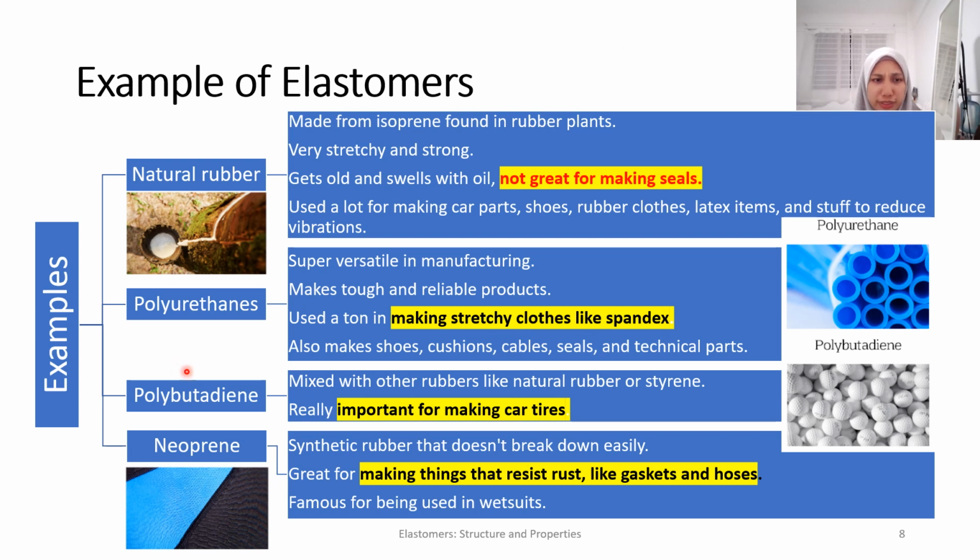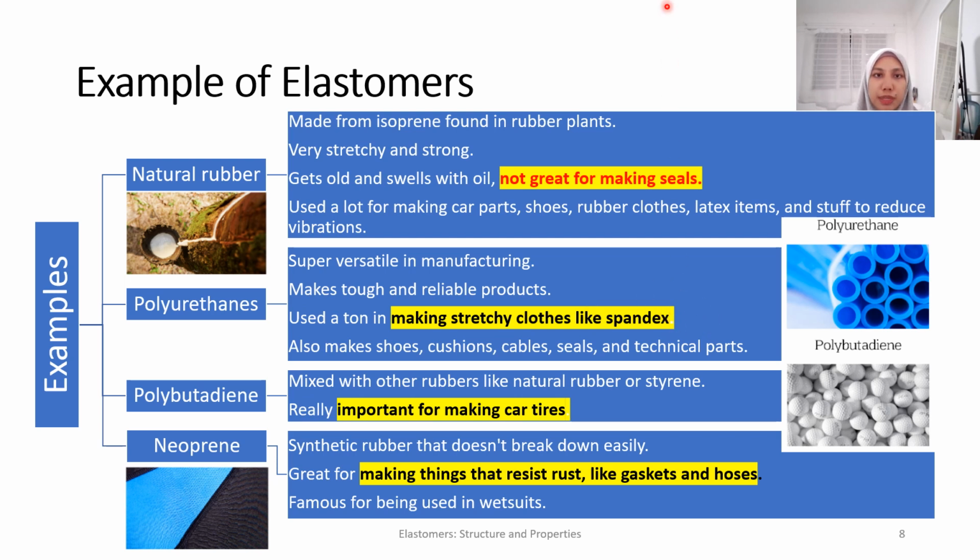Second is polyurethanes. Polyurethanes are extremely versatile in manufacturing, able to provide tough, reliable results. Generally, polyurethanes are used extensively in textile industry to produce elastic clothing like spandex.